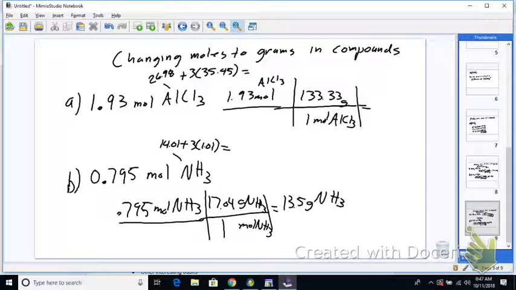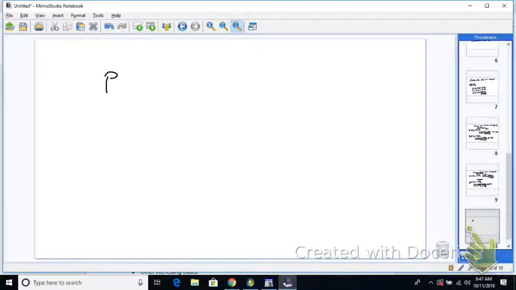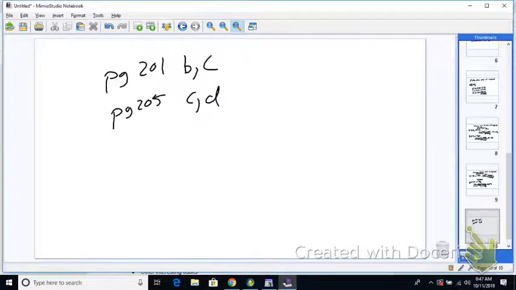Okay, it's page 201, and it's B and C. Okay, next one's page 205, and it's C and D for 22. Okay, give you more information. 12, B and C, 22, C and D, and 26, C and D.